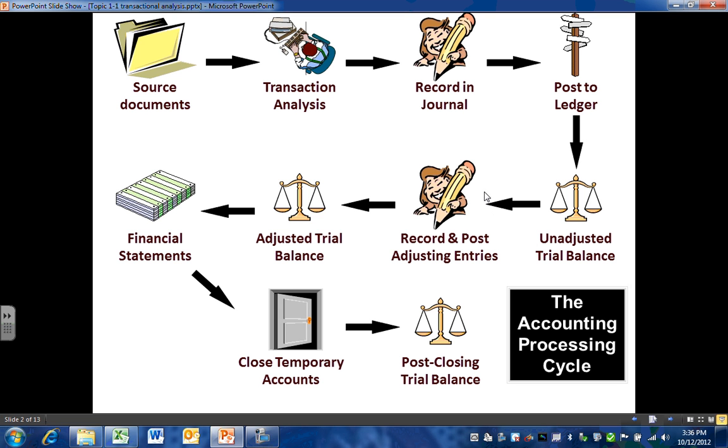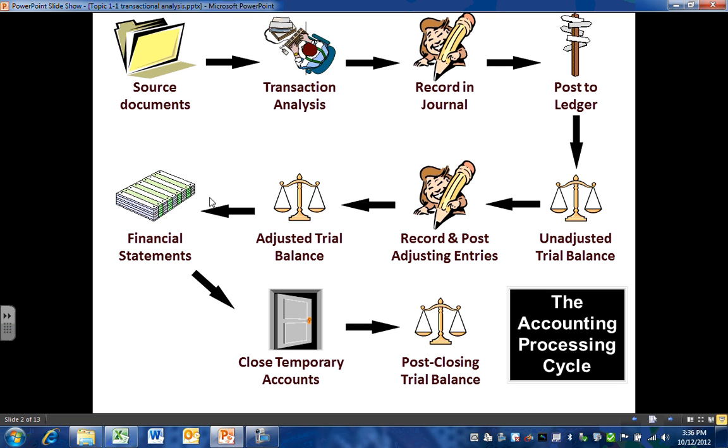Accountants will then apply accrual accounting methods to the unadjusted trial balance to make these adjustments for prepayments and accruals, and that will lead to changes in the account balances, and the updated balances will be produced in what's called the adjusted trial balance.